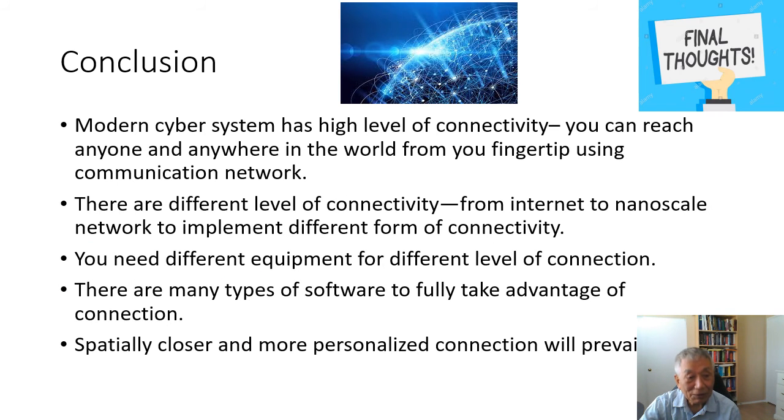So, conclusion: the modern cyber system has a higher level of connectivity. So super connectivity is the thing. Everything is connected. I didn't get a chance to talk about IoT, the Internet of Things.